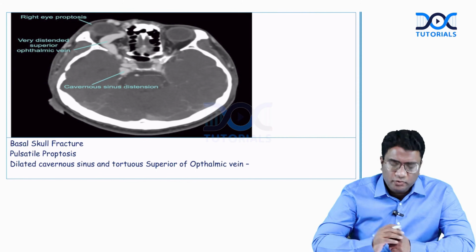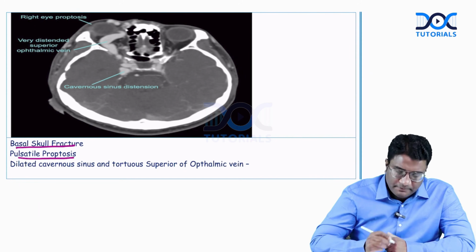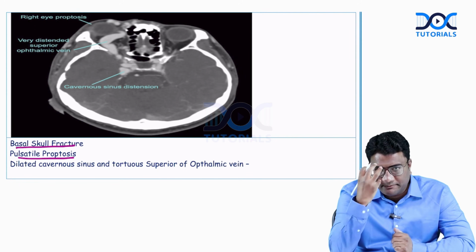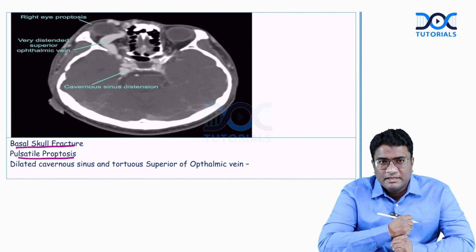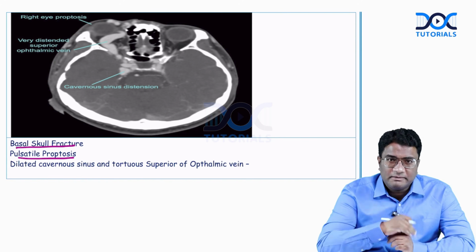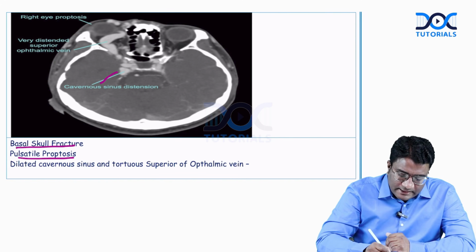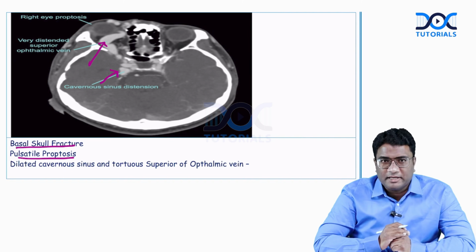If you have a patient with a basal skull fracture and pulsatile proptosis, with each heartbeat there is pulsation in the orbit. On imaging, you are seeing a dilated cavernous sinus and also a tortuous dilated superior ophthalmic vein.